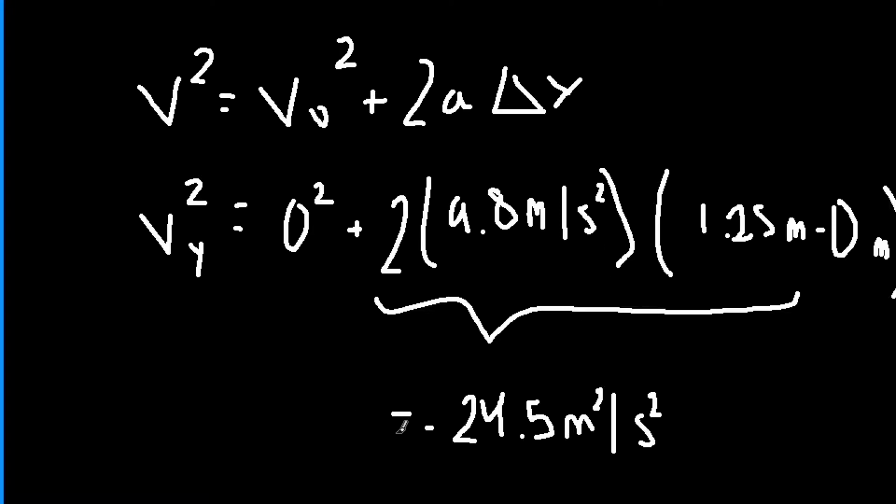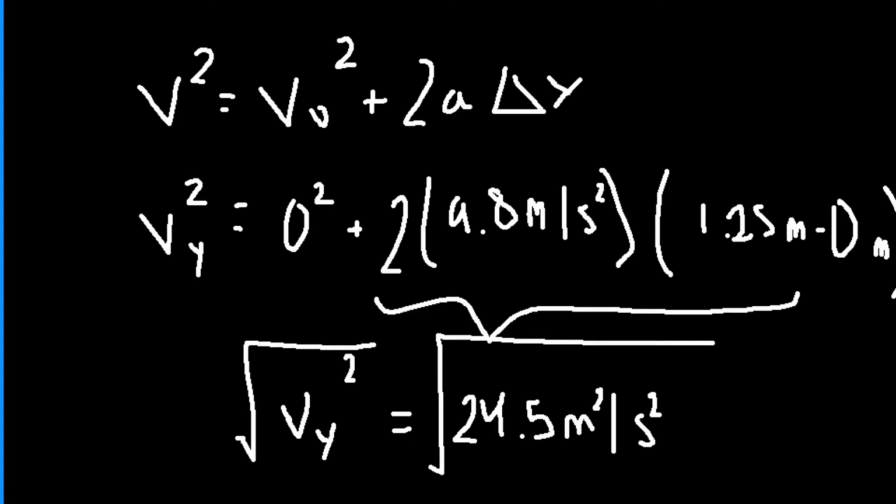Now, if you wrote the units, this would be a dead giveaway that you are not done yet. If you didn't write units, or you just thought it was meters per second, you probably wouldn't catch this, but you need to square root both sides because you have vy squared on this half, and so you have to square root it if you want vy.